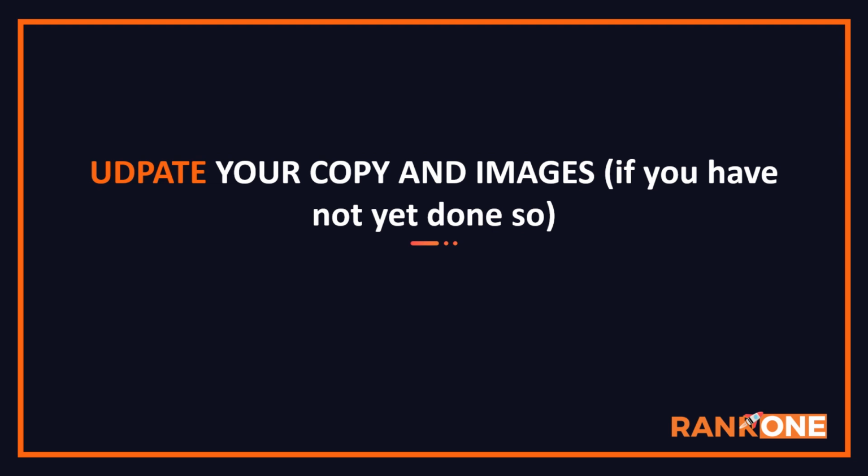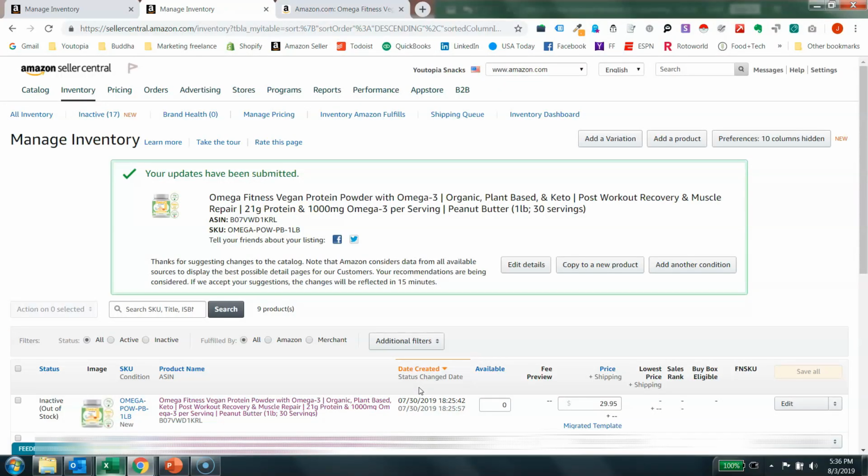Now you've optimized the find with all of the keyword research you've done, using those keywords and all of that data and putting it into the copy, into the title, the bullets, and the product description. And really invest in your product images to make them as good as they can possibly be, because those are so vital to the customer's purchasing decision.